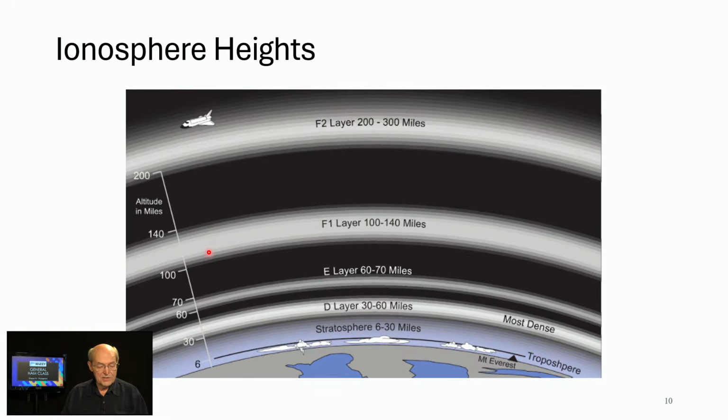You can see the numbers as it goes up. Commercial airlines, by the way, fly a lot of times between 33,000 and 42,000 feet, which is 6 to 8 miles above. You can see that they'll clear Mount Everest, but they don't get to the point of being in the D layer, just for scale.